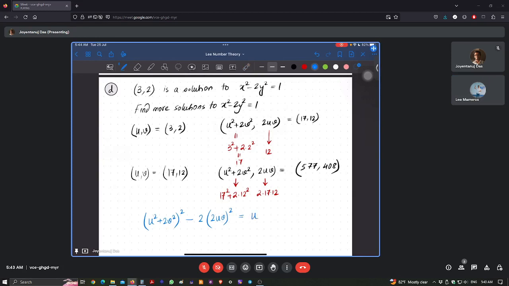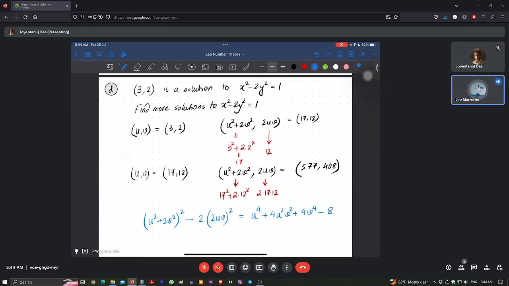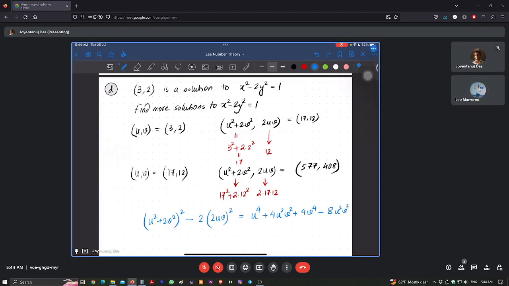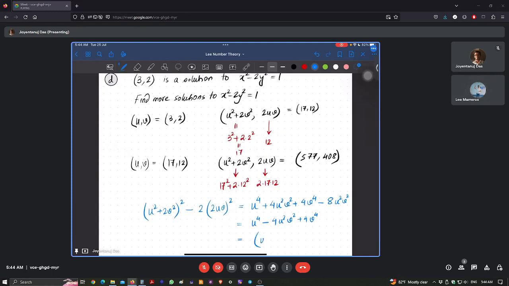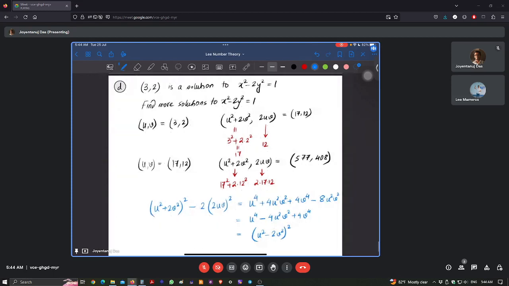It's u power 4 plus 4 u square v square plus 4 v power 4 minus 8 u square v square. So this will be u power 4 minus 4 u square v square plus 4 v power 4. This is nothing but u square minus 2v square whole square. But since u comma v is a solution, I know that u square minus 2v square equals 1. So this is also 1.